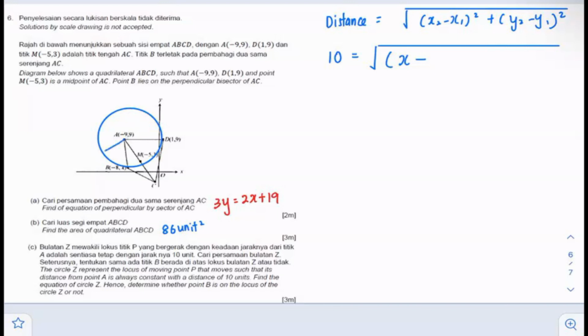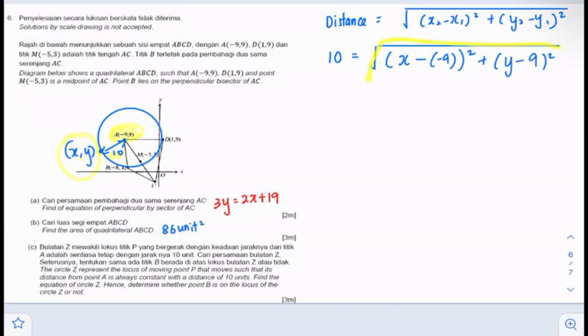Then you have a distance from here to here is 10. So you have this point is x and y. So the distance from this point to the point A is 10. So your x1, y1 will be this moving point, and the x2, y2 will be your fixed point A. So x minus negative 9 square plus y minus 9 square.